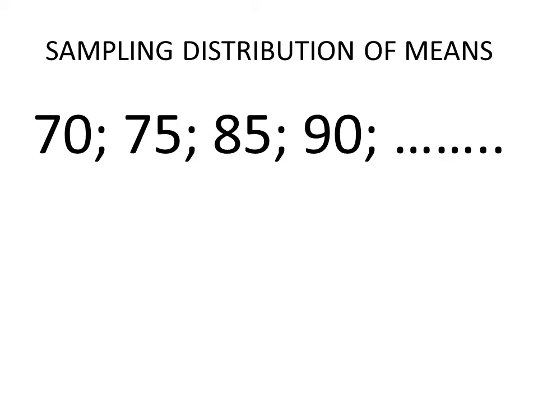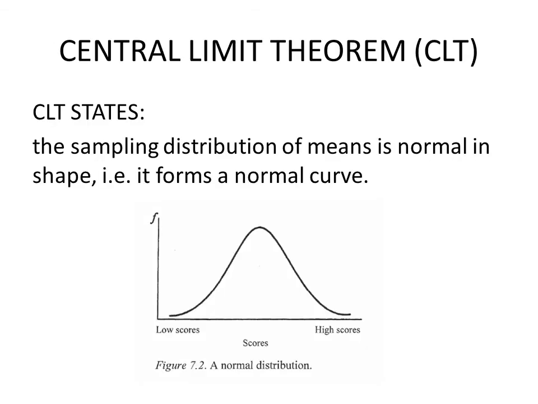One other aspect of sampling distribution is the central limit theorem, the CLT. The CLT states that the sampling distribution of means is normal in shape. And if you remember back in section 7, we talked about what a normal distribution, what a normal curve looks like. You see this on the slide, and many of you may recall that.